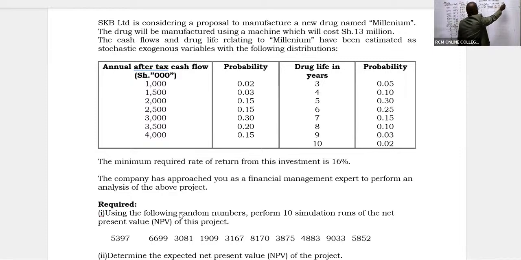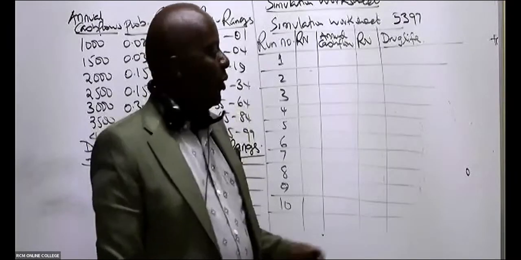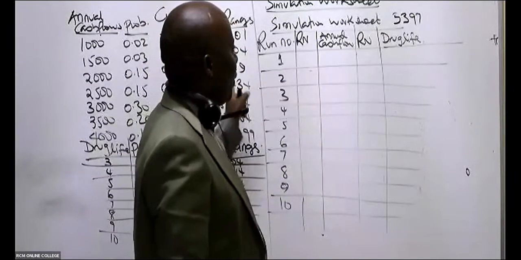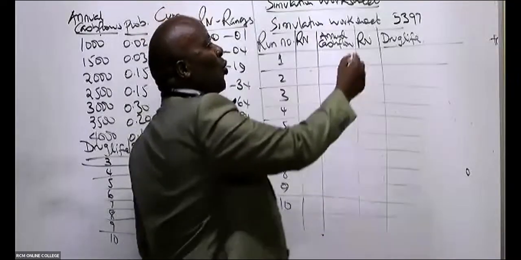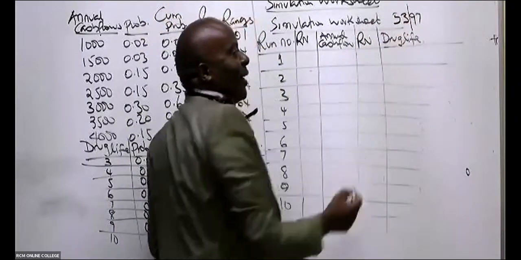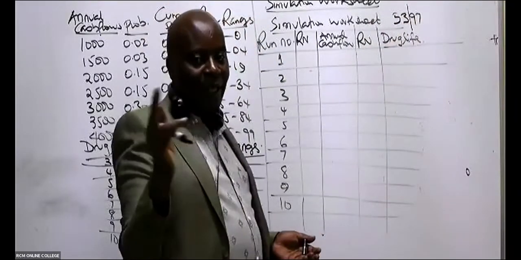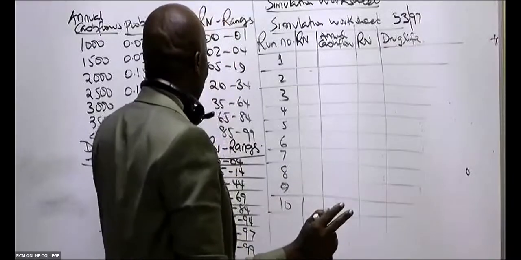You see, this 5397 is 4 digits, and the 4 digits for sure cannot fit. You can't fit them anywhere here. These are 2 digits. So what we're supposed to do is dissect this and subdivide it into 2 digits, because you remember our decimal places were 2.